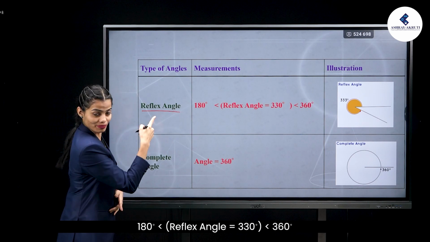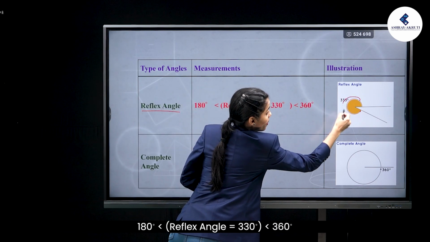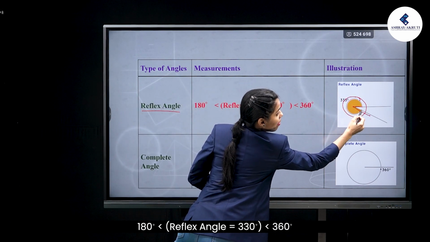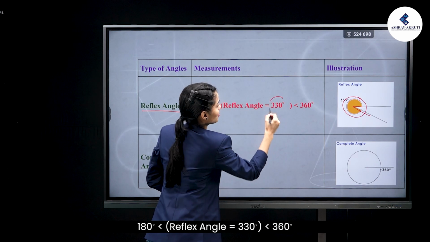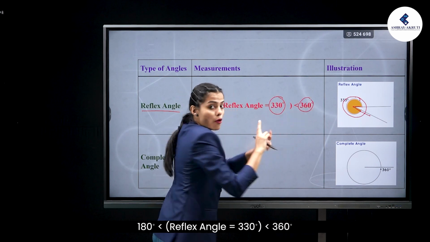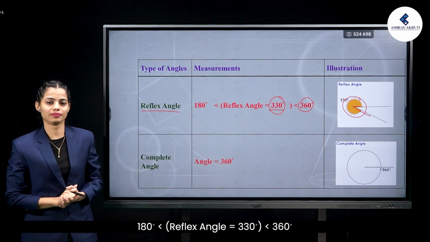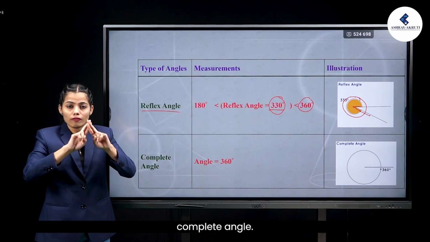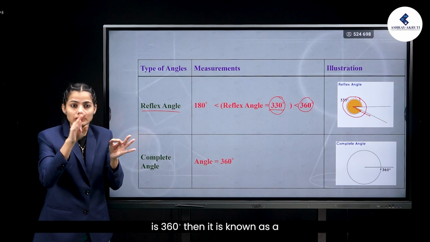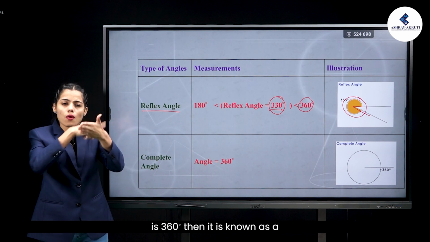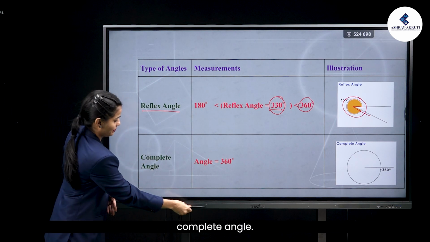Here 180 degree is less than reflex angle, which is equal to 330 degree, less than 360 degree. Complete angle. If the measure of an angle is 360 degree, then it is known as a complete angle.